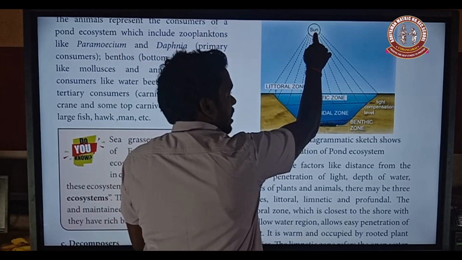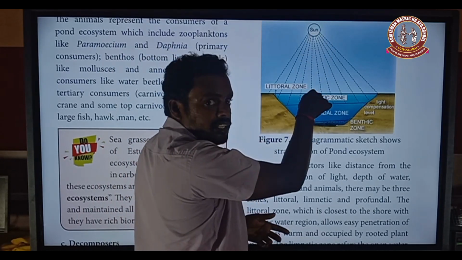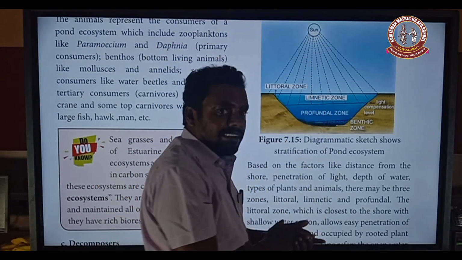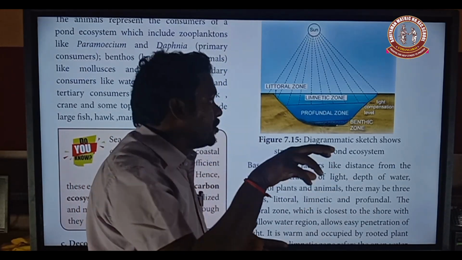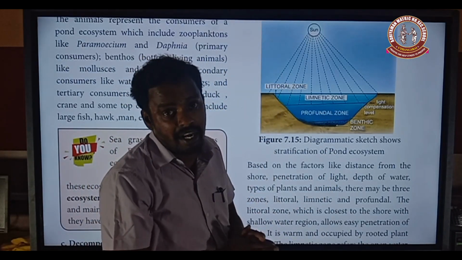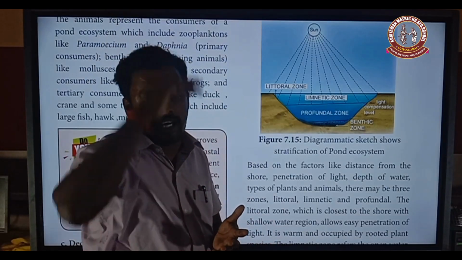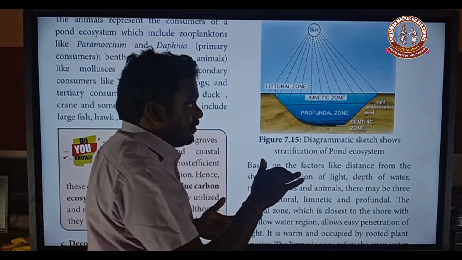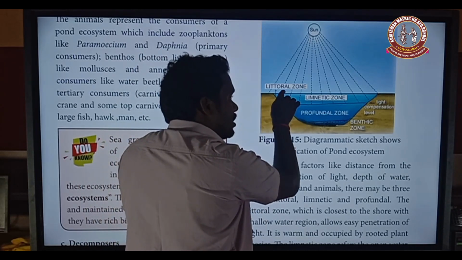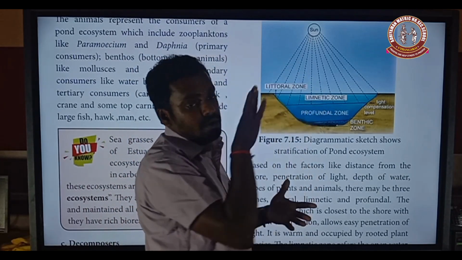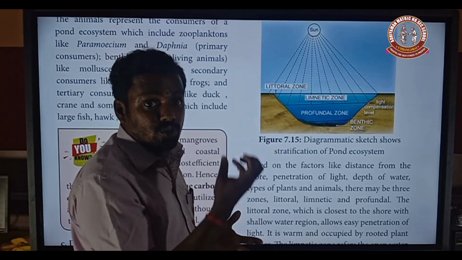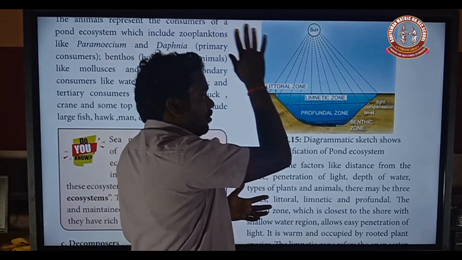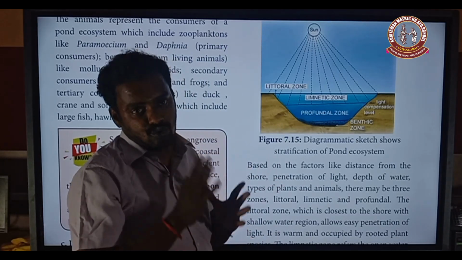The sun provides light energy, and that light energy can efficiently fall on or be captured by the littoral zone. Why? It is the upper part, closest to the shore, so light energy is effectively absorbed by the littoral zone. That is the first one.